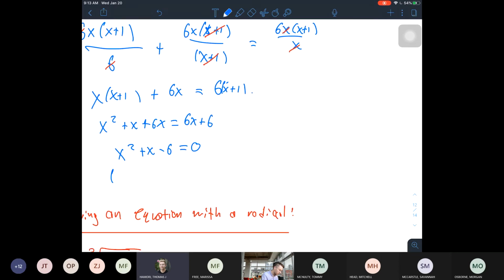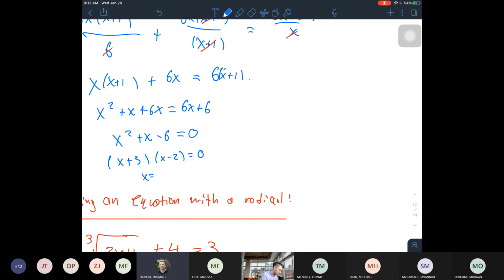So we factor. This one factors as (x+3)(x-2). Remember, we want two numbers which are going to multiply to -6 and add to +1. Those two numbers are +3 and -2. So this is still equal to 0.